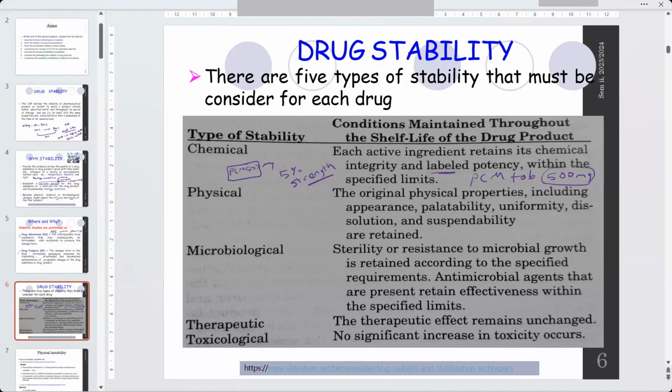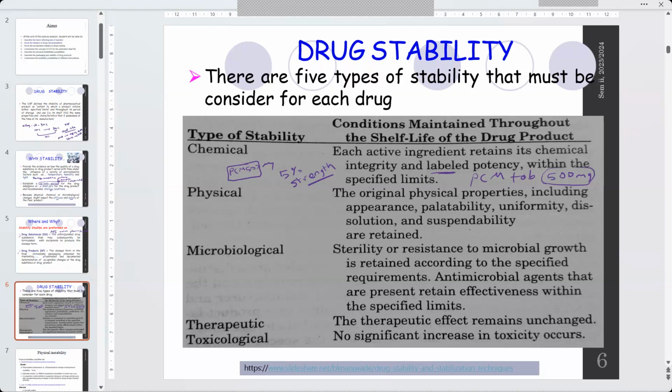That means it can be absorbed. For example, when you take a tablet, it must disintegrate and the active ingredient must dissolve first before it can be absorbed and reach the blood. So I need the dissolution ability of the active ingredient in this dosage form to remain the same, okay?